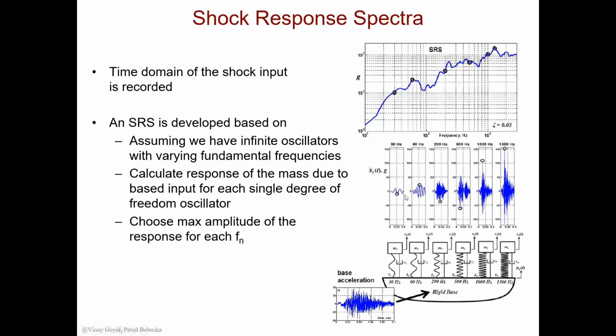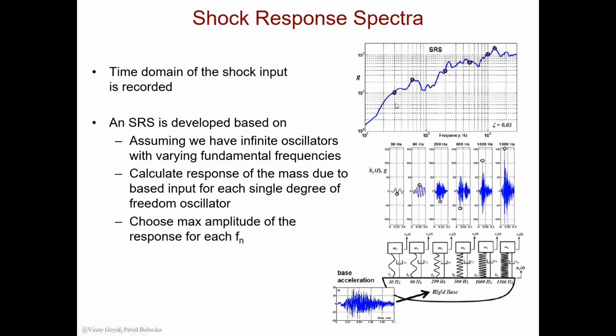And then what I'm going to do is plot in the y-axis the maximum response for each of these particular oscillators. Here's a continuous plot, developed by considering many oscillators at various frequencies that varied all the way from 10 hertz to 2000 hertz in this example.